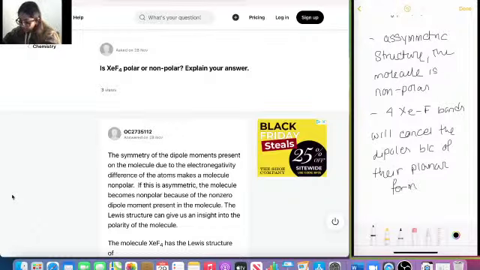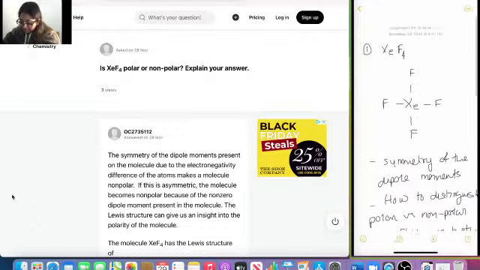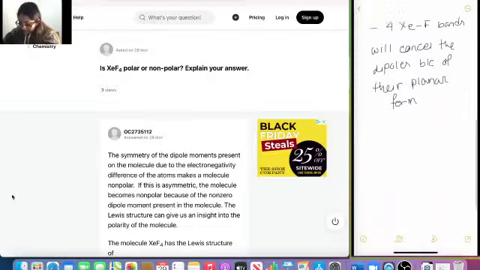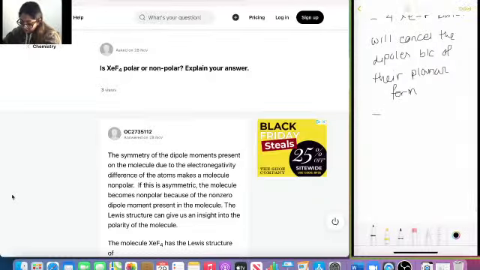Because they are positioned this way, the possible dipole moment present in the central atom will basically cancel out, right? So we can say here that XeF4 is a non-polar molecule.